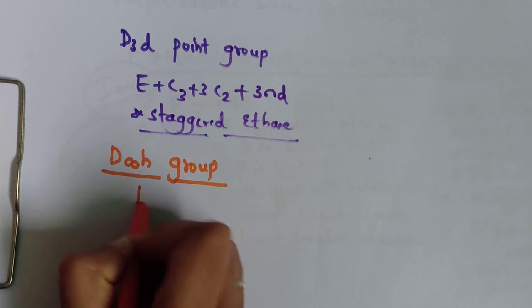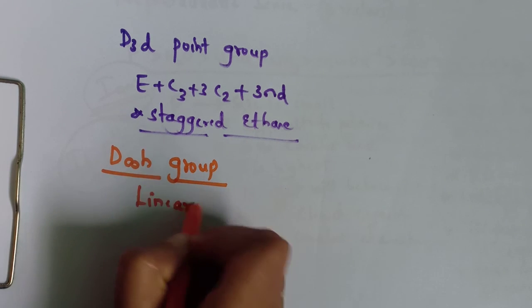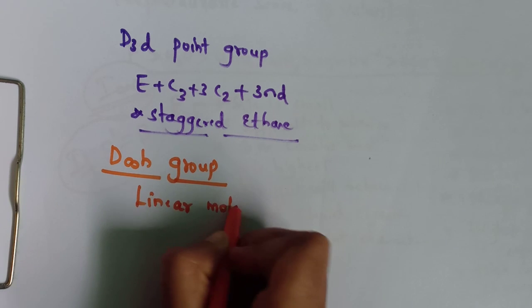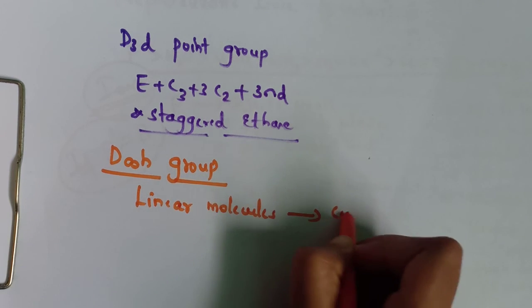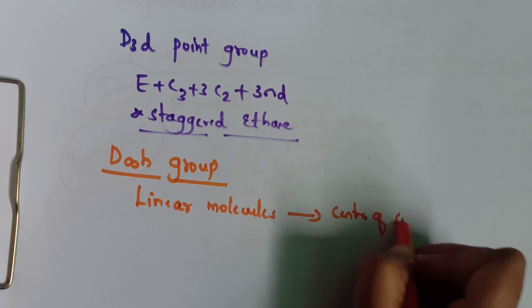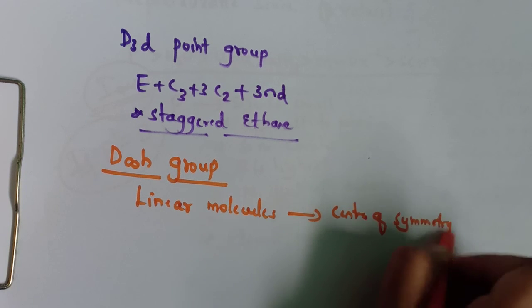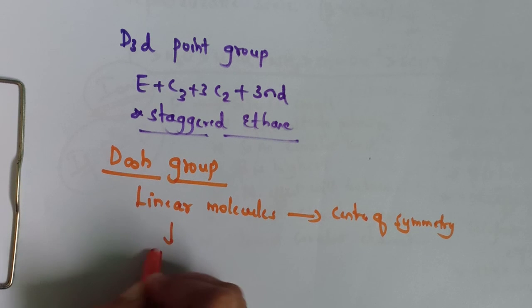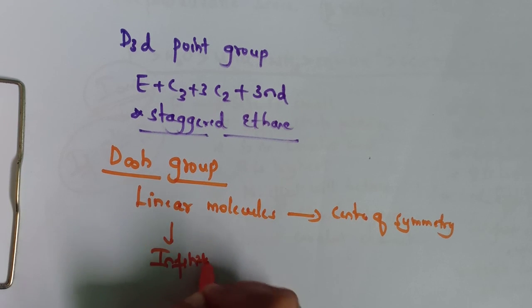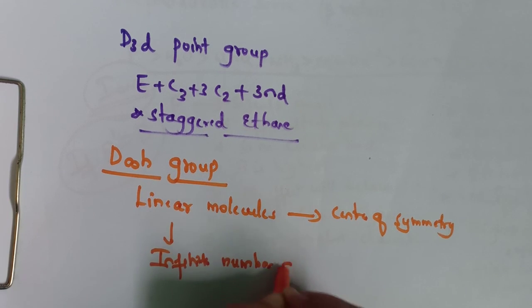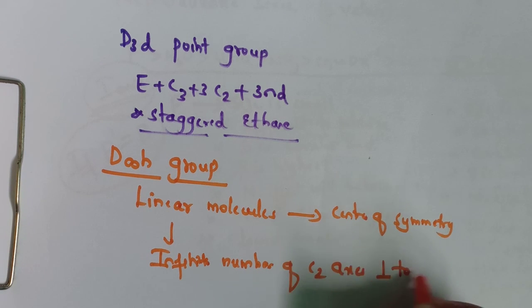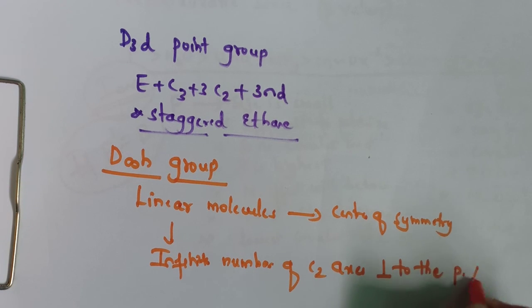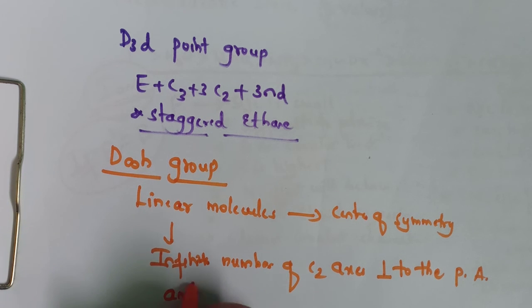See here, what are the conditions for this D infinity h? Linear molecules should be present which have a center of symmetry, along with an infinite number of C2 axes which are perpendicular to the principal axis and also horizontal planes.